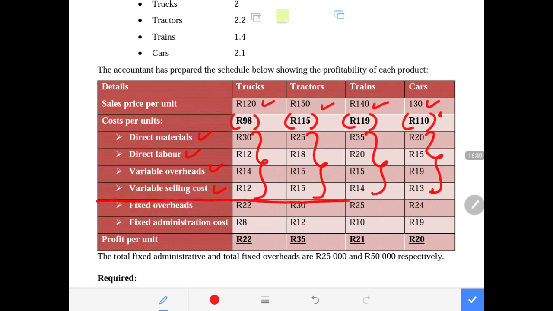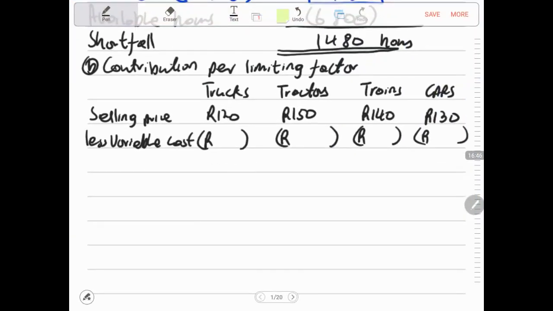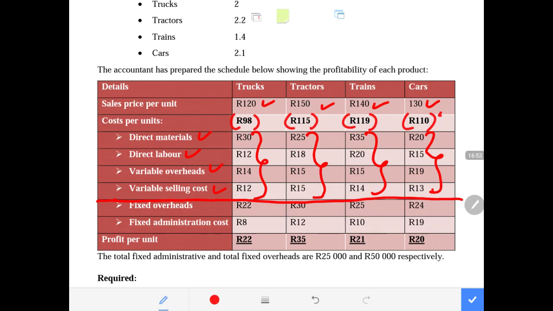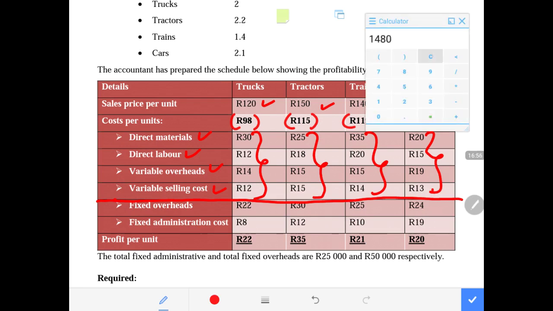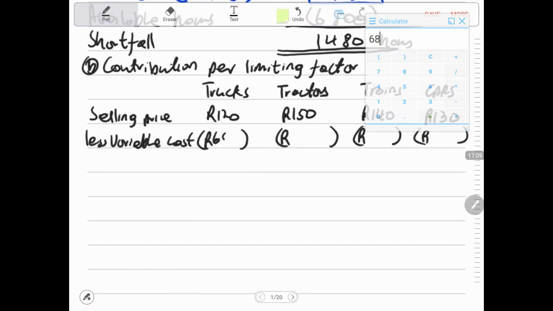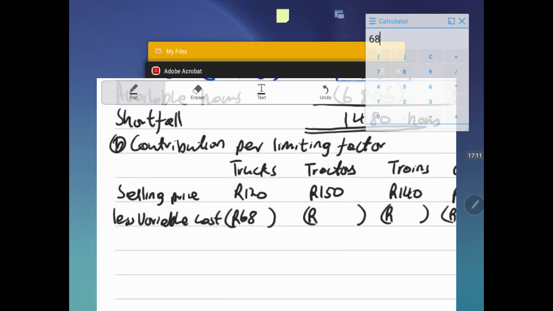So meaning we only end here with regards to variable cost. As I said to you, if you want, you can just take the total and add all the figures and only have one amount, where you can say 30 plus 12 plus 14 plus 12, that will be 68. So I can have my 68 rands there.